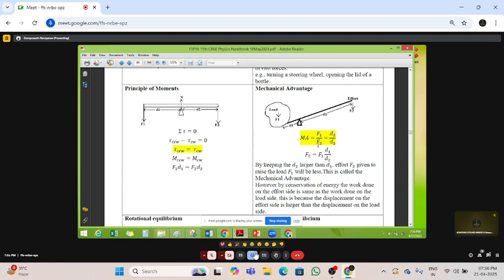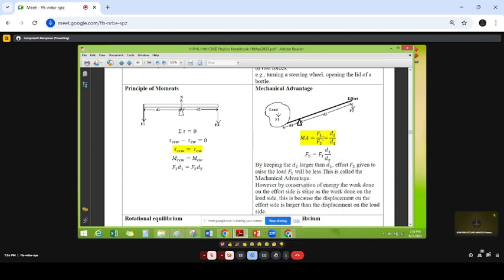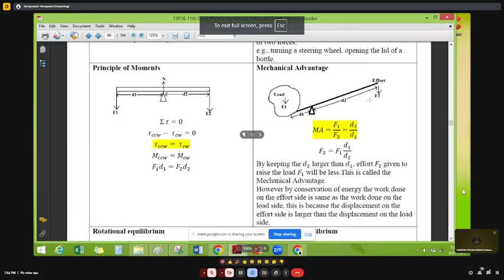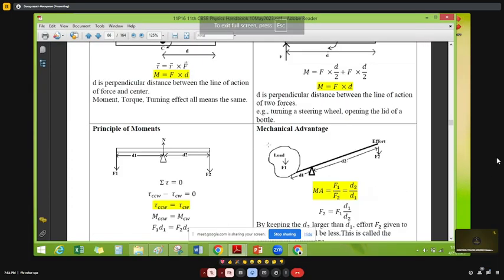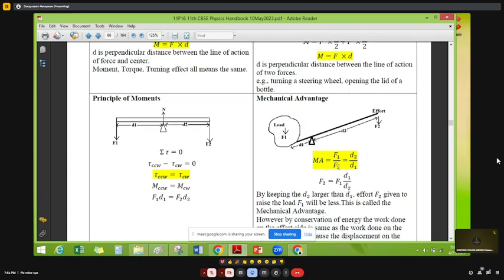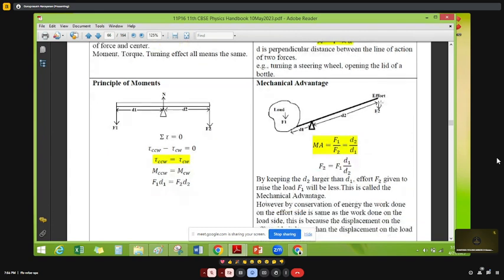So F1 into d1 is equal to F2 into d2. So if I want to find F2, it is F1 into d1 by d2. So if d2 is longer, that means F2 will be smaller. So I will be applying less effort to move the bigger rock.